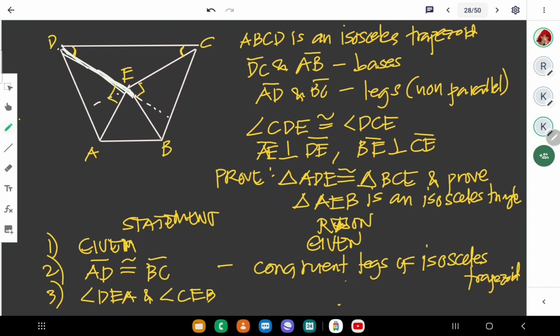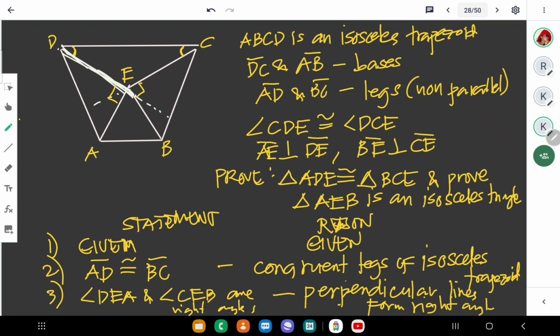Our reason would be perpendicular lines form right angles.